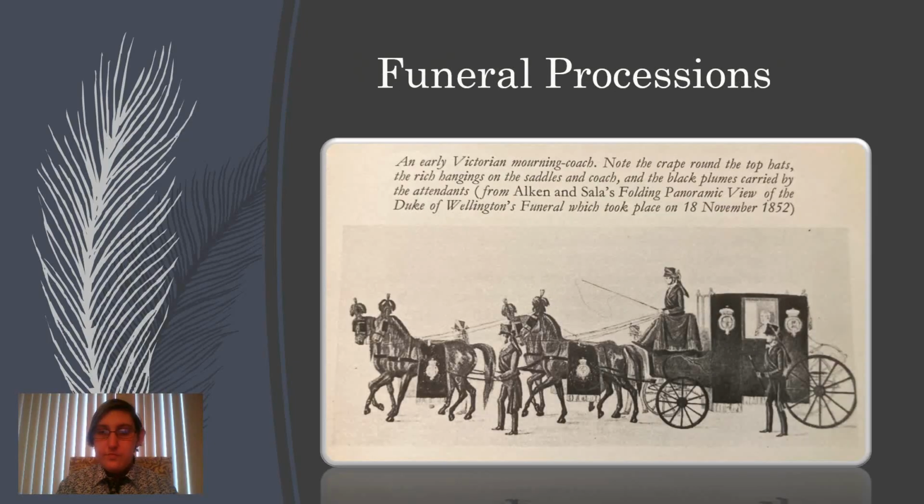This is a picture of a mourning coach from the Duke of Wellington's funeral. This is just one out of several that were part of the funeral. Most of these were included in all funerals, especially wealthy ones, because the more extravagant the things shown in the funeral procession, the more they showed the wealth of the family and the individual themselves.